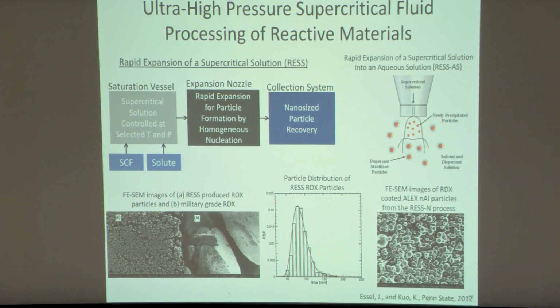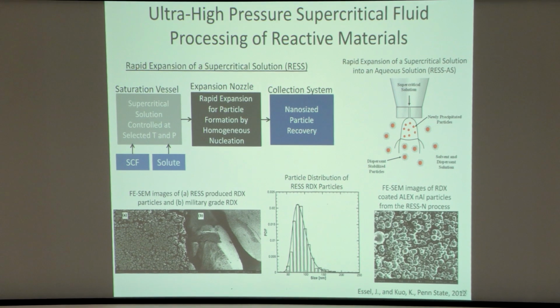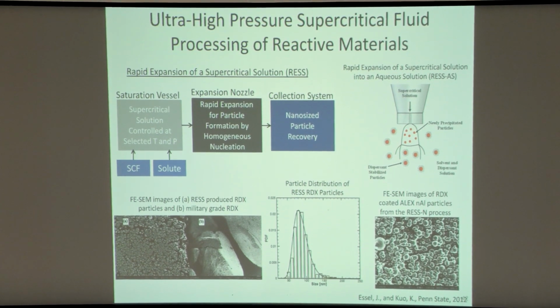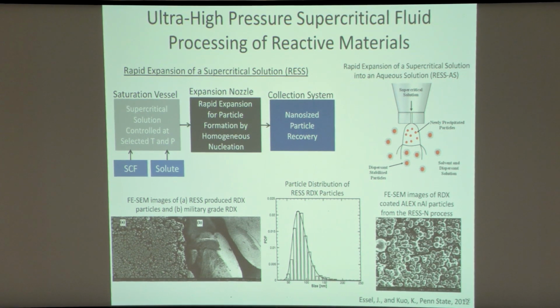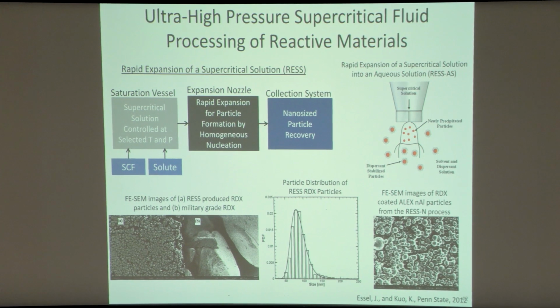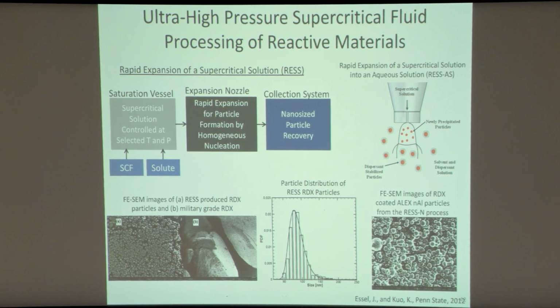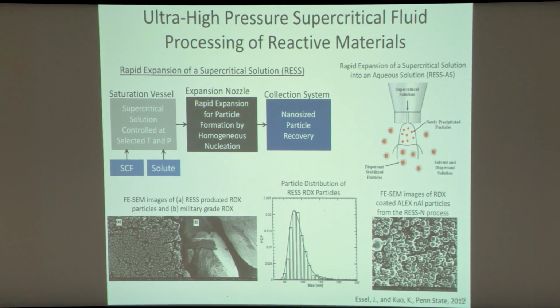Okay, so I give one example here in which nanoenergetics were produced using high-pressure supercritical fluids. The idea was I would dissolve the RDX into supercritical CO2, and then as I expand it through a nozzle, nucleation sites are formed and the RDX starts to grow.